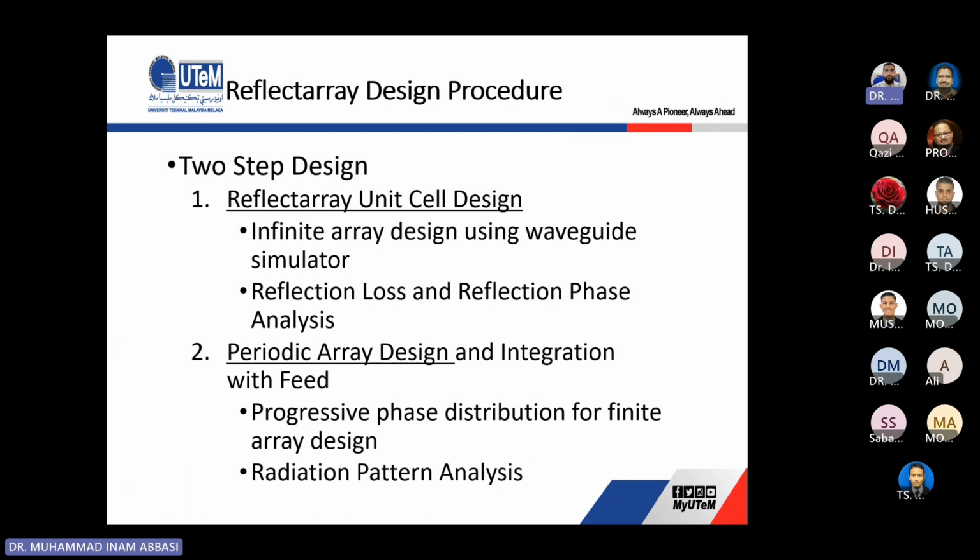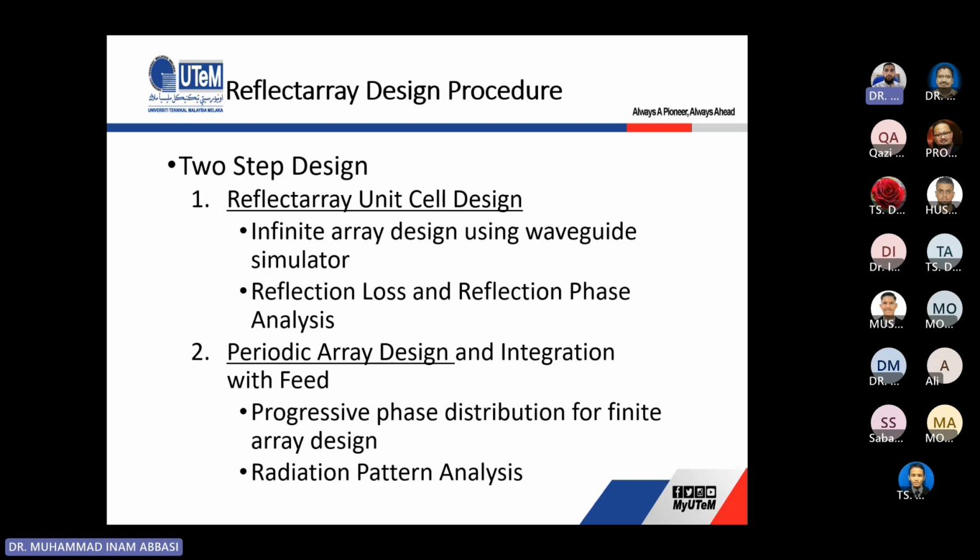All right, so when we talk about the design, we have a two-step design of a reflectarray. We have a unit cell design and we have a periodic array design. Basically, when we do a unit cell design, we design different types of configurations, and we design it as an infinite array. When we use simulators like CST or HFSS, we can use boundary conditions, and we can make this single element an infinite array.